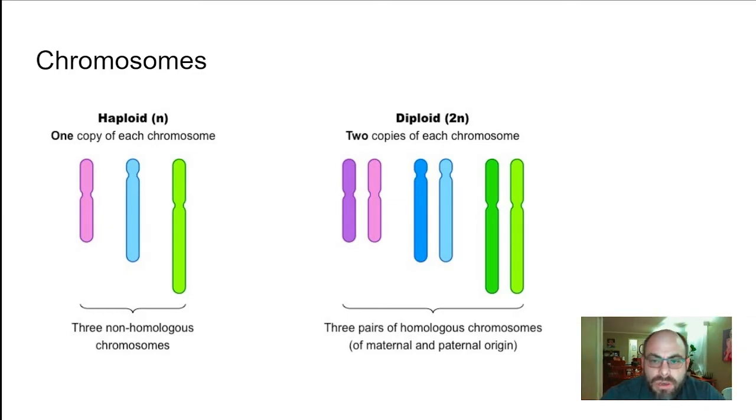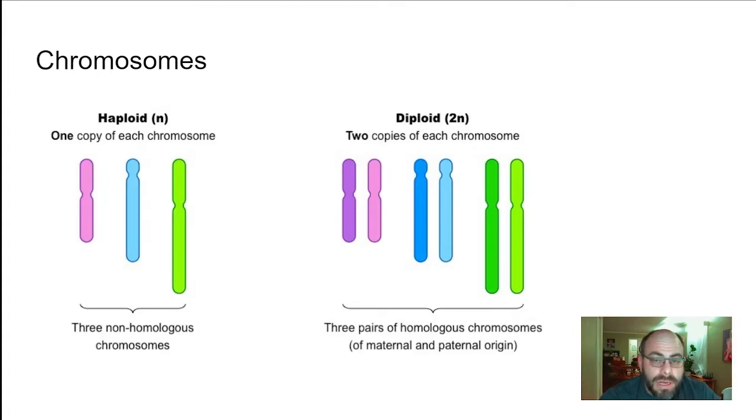So the average cell in a sexually reproducing organism's body is going to be a diploid cell, meaning that the chromosomes in that cell represent one set of chromosomes from mom and the other set from dad, right? Those chromosomes exist in pairs, and we call those pairs homologous pairs.